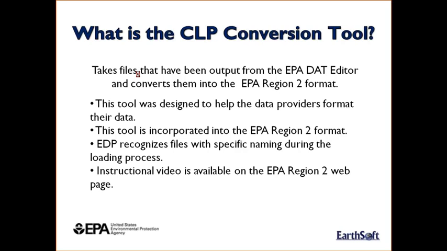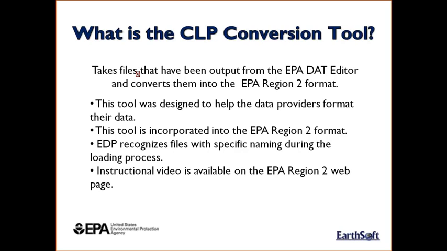They would not know the data provider. They may not know the sampler, the sampling company code. So there's definitely additional information that the DAT editor does not have, or was not provided to them. So when they spit out their file, we load in exactly what they have.